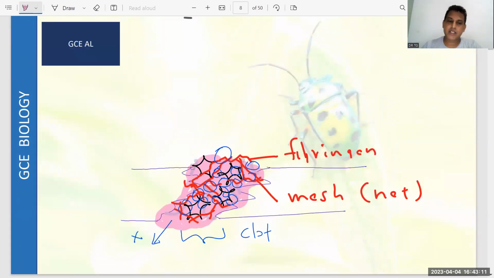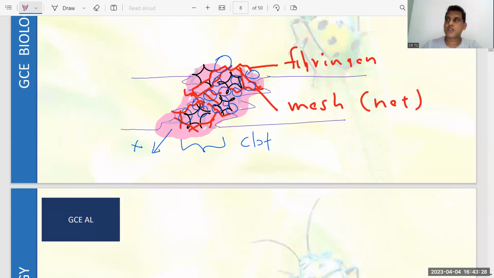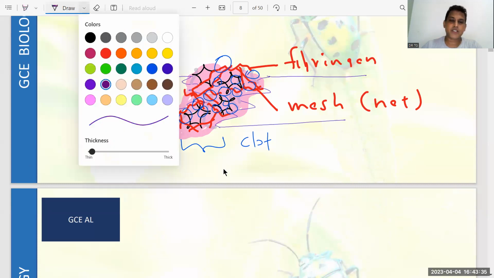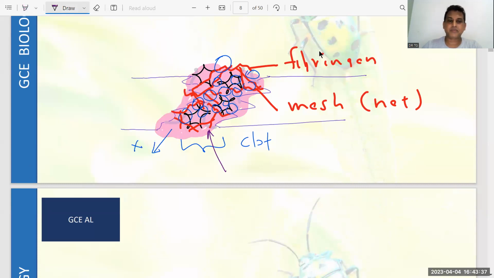And activated platelets also change shape from flat to star shape, and they can attach more and more to the collagen and to the fibrin to form a clot here together with the other cells. And this clot seals this area, so blood is not leaking out, and pathogens also cannot come in because it makes a complete seal. So this is the blood clotting process.